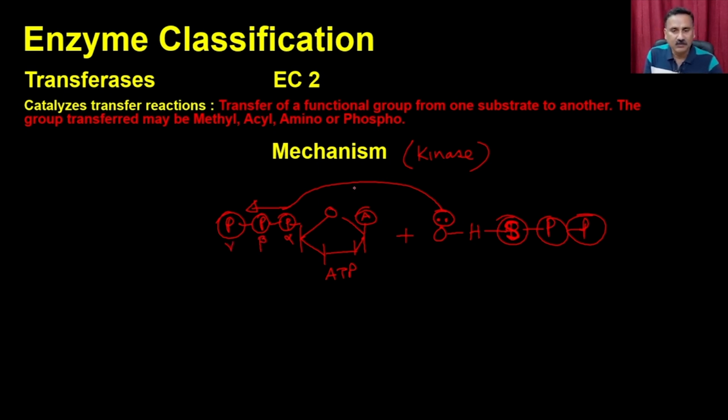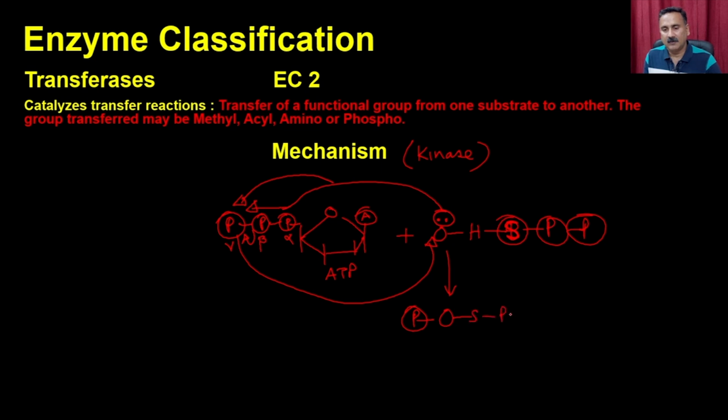What it is going to do is that the lone pair of electrons present on the oxygen is going to act on this bond, and there will be an internal rearrangement, and then this phosphate is going to be transferred onto this, and that's how it forms the phosphorylated product.